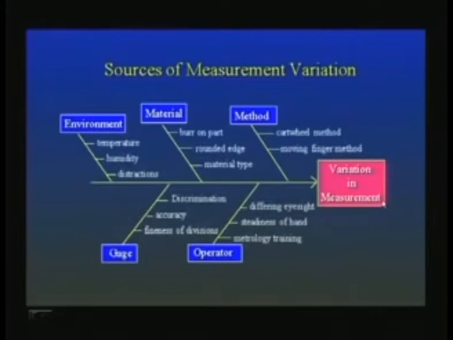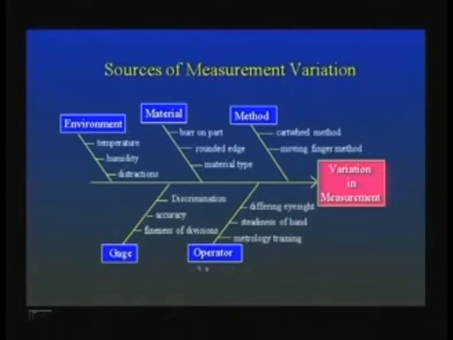Now, there are many different things that can lead to measurement variation. I've got the environment, materials, and methods applied in doing the measurement itself. Then the gauge itself may introduce variation, and that will be the issue of repeatability. And of course, I've got the operator who introduces the issue of reproducibility.